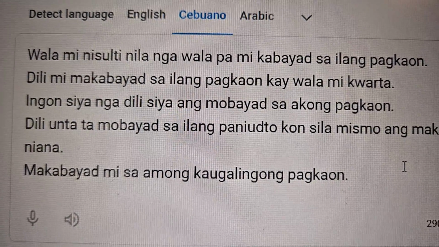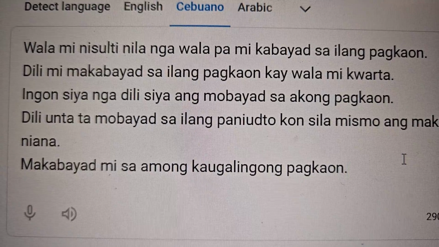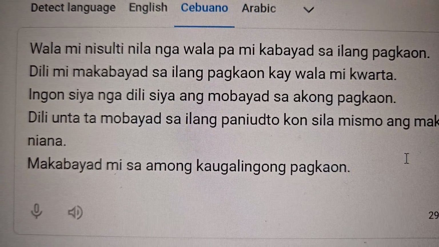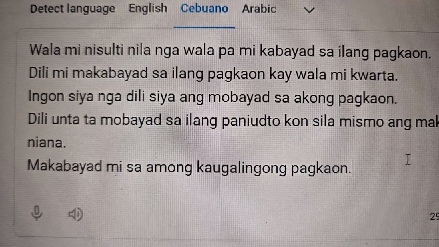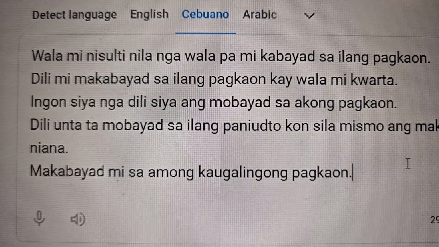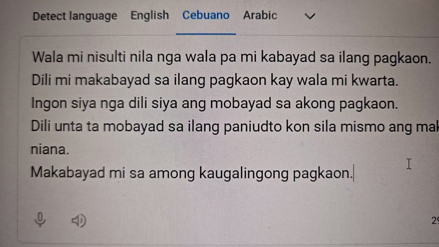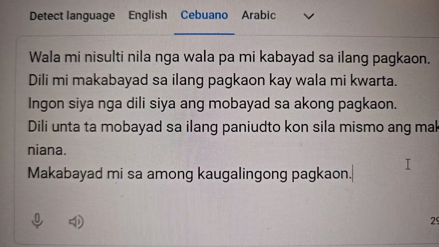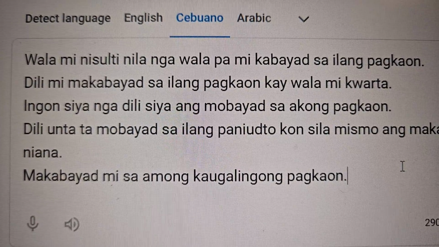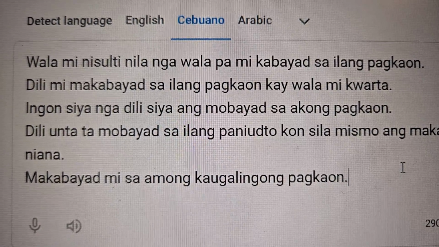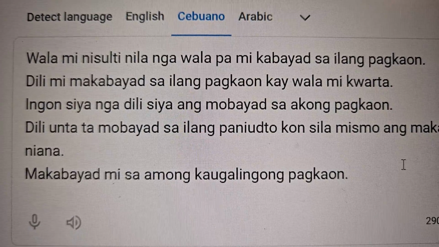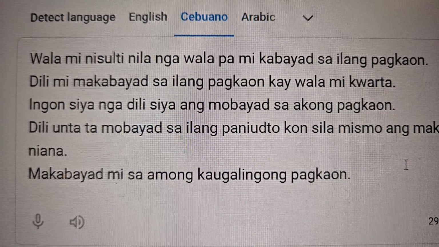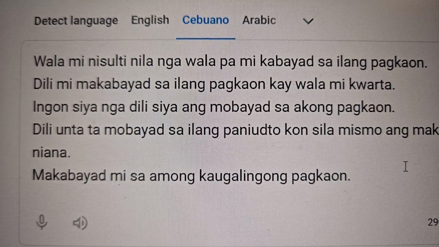Sentence 3. Ingon siya. Ingon means said. Ingon siya nga, he said that dili siya ang mobayad. Dili siya ang mobayad. He wouldn't pay.